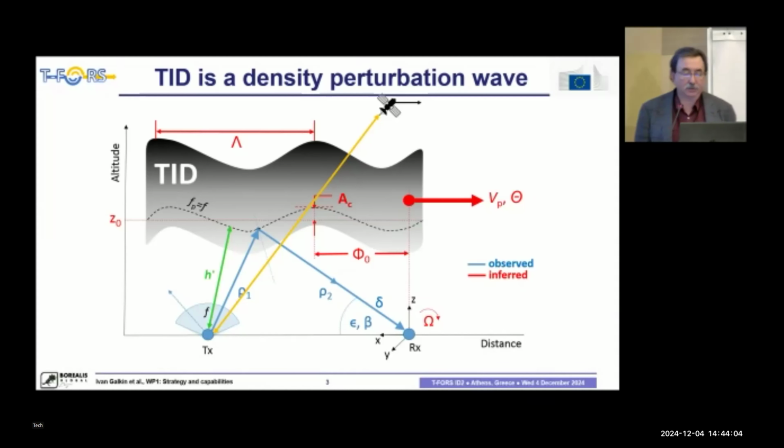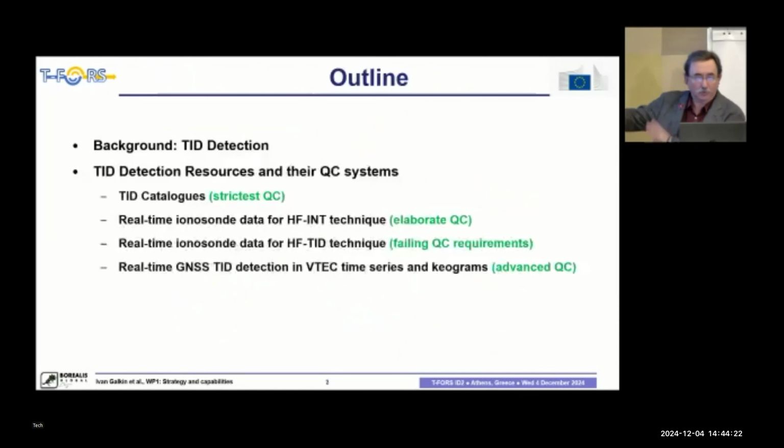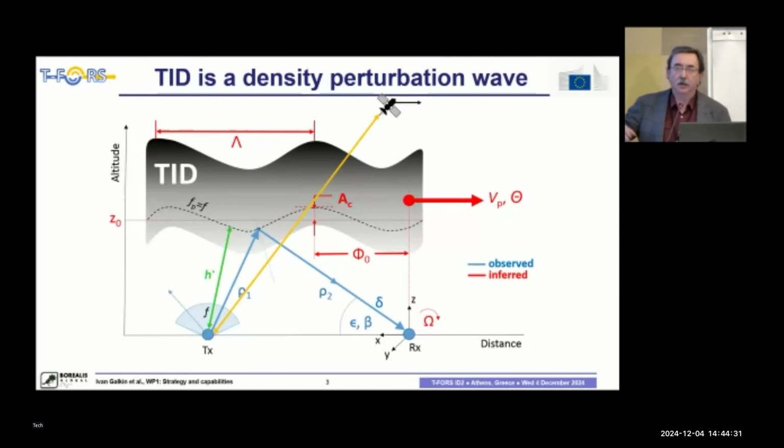So here's a TID. We typically show it as a transverse wave, meaning you see a wave propagating in that direction with this angle. It's a transverse modulation, meaning that no plasma is transported, no plasma is moving, it's just up and down, just like a stadium wave or the waves in your water park.